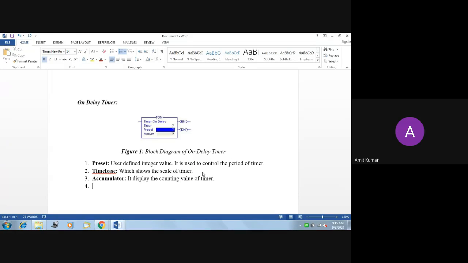So these are the three. The first one is the timer number. So I will also specify the timer number. It shows the timer file name, the file number.